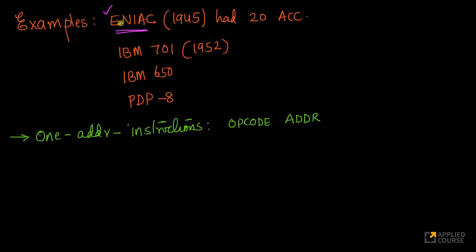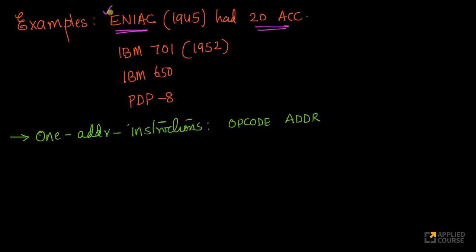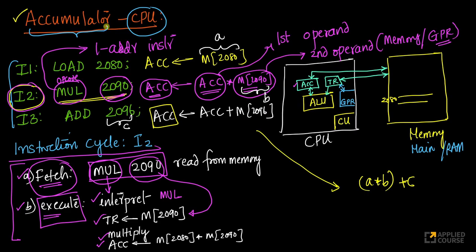ENIAC was built almost at the end of the Second World War. It had 20 accumulators. What we have seen is a simplified model with just one accumulator, but I could have multiple accumulators where all the temporary results are also stored in the accumulators.